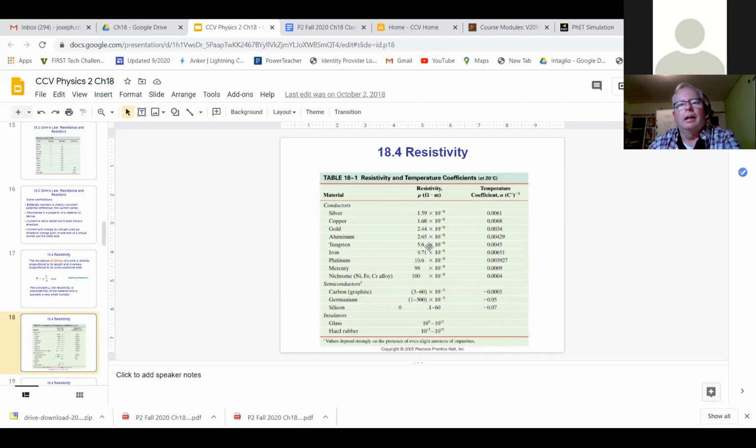Now, tungsten is what was the filament that was used in the incandescent light bulb. And it's not as good a conductor, but that's on purpose. Since it has more resistance, when you run current through it, it's going to start to glow. It'll glow red hot. Then we also have this temperature coefficient too, so we want to keep that in mind. But insulators, of course, are going to have many orders of magnitude higher resistivities because they're not that great.